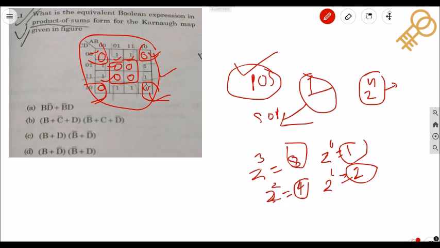When you form the expressions, first we'll consider the box that I have grouped. You see there is 0 1 1 1. This 0 and 1 will nullify, so the remaining is 1 only, and the 1 is B. In the POS form this value will be complemented, because in POS we always make the expression 0, and in SOP we always make the expression 1, right?